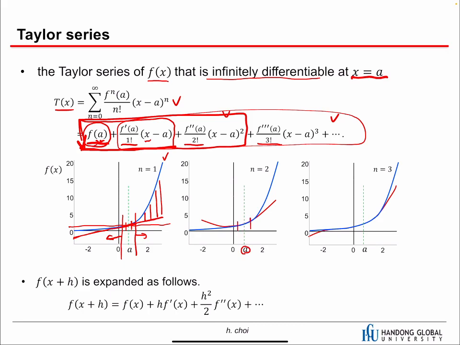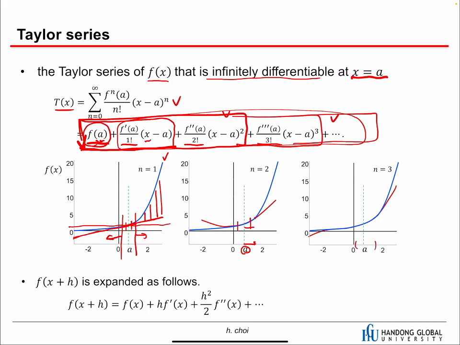If we move away from a, the error is still not that huge. So if we increase the number of terms, this approximation gets more accurate, especially around this a.